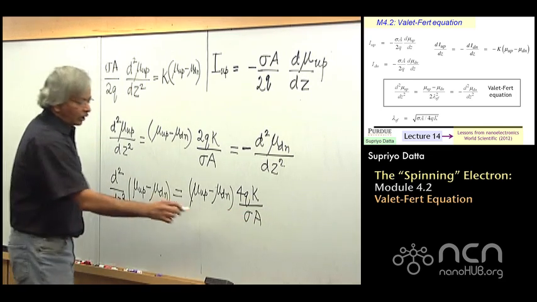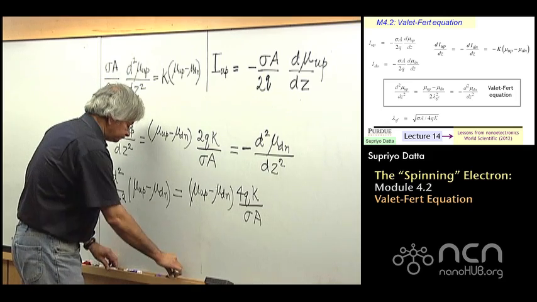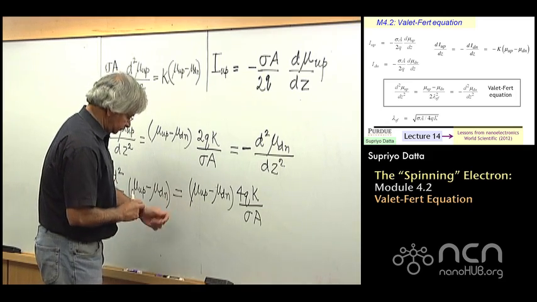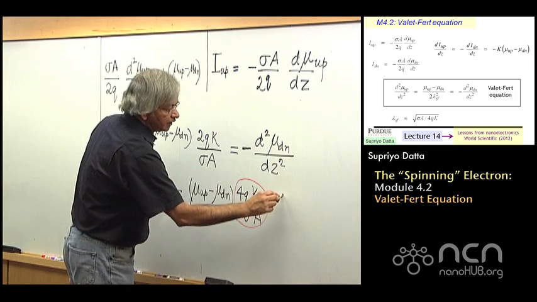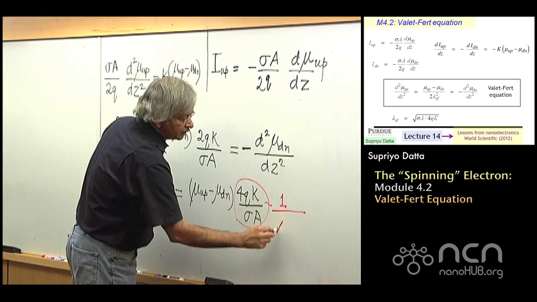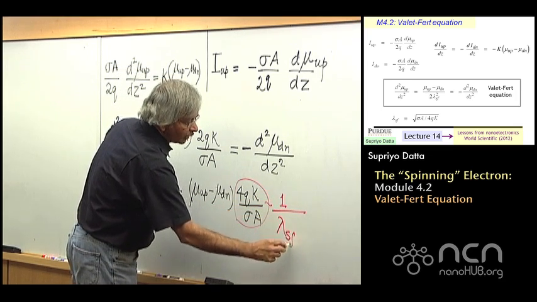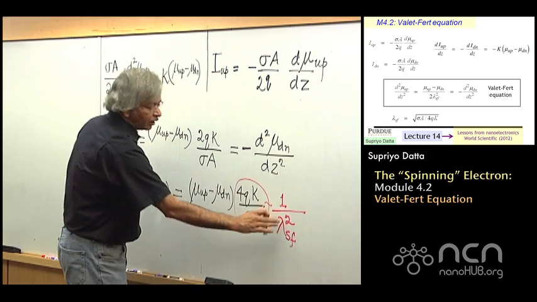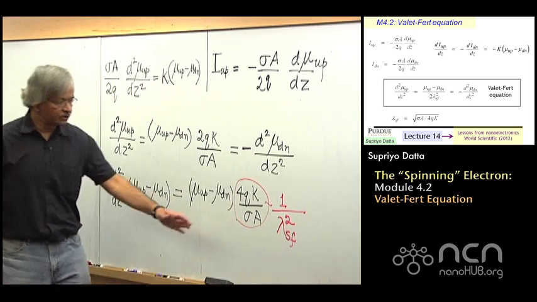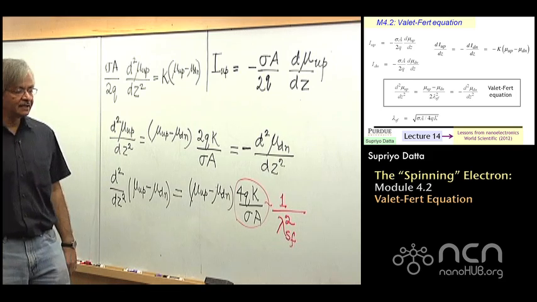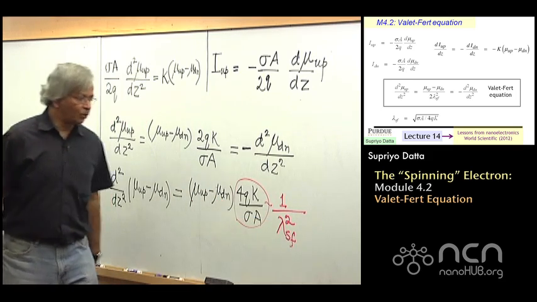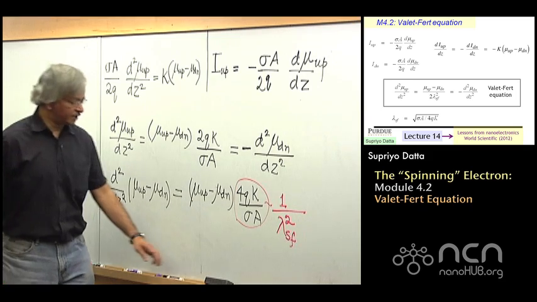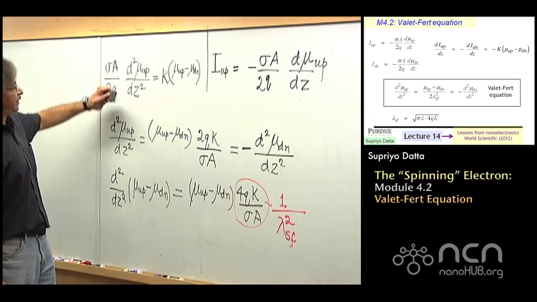And this is the quantity that's often written as the inverse of the spin flip length squared. It has the dimension of inverse length squared, and so this is what you usually define as the spin flip length squared.